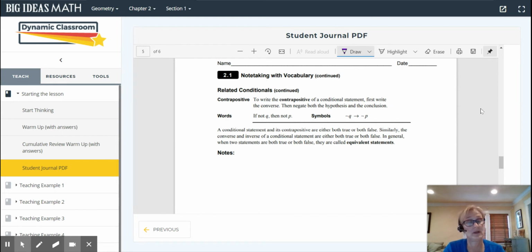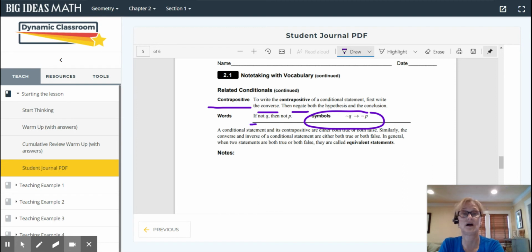The other one that you're going to write is called the contrapositive. It's a big word, but in other words, there's only so many combinations you can do. You can do if P, then Q, if Q, then P, if not P, then not Q. And so what you can do is you can switch them and negate them. So if not Q, then not P. So it is the negation of the converse.